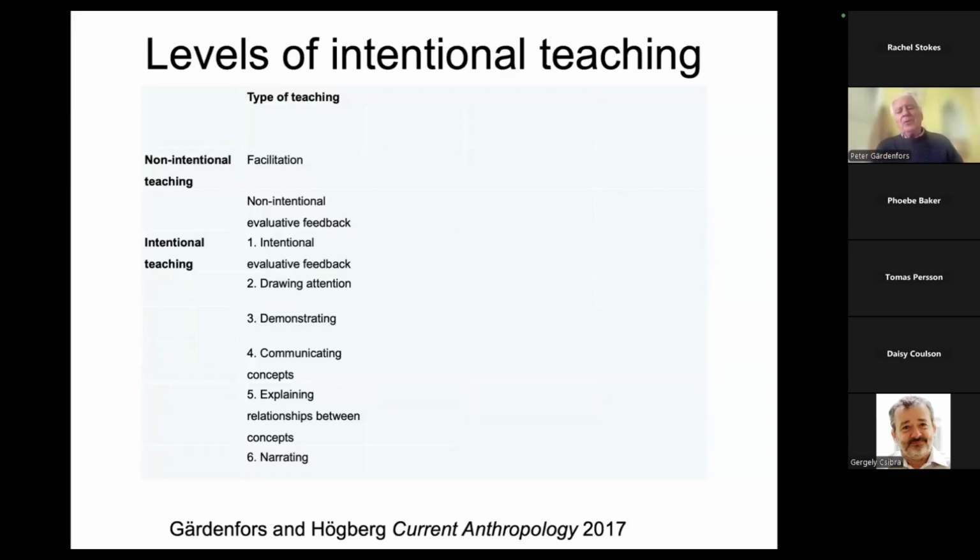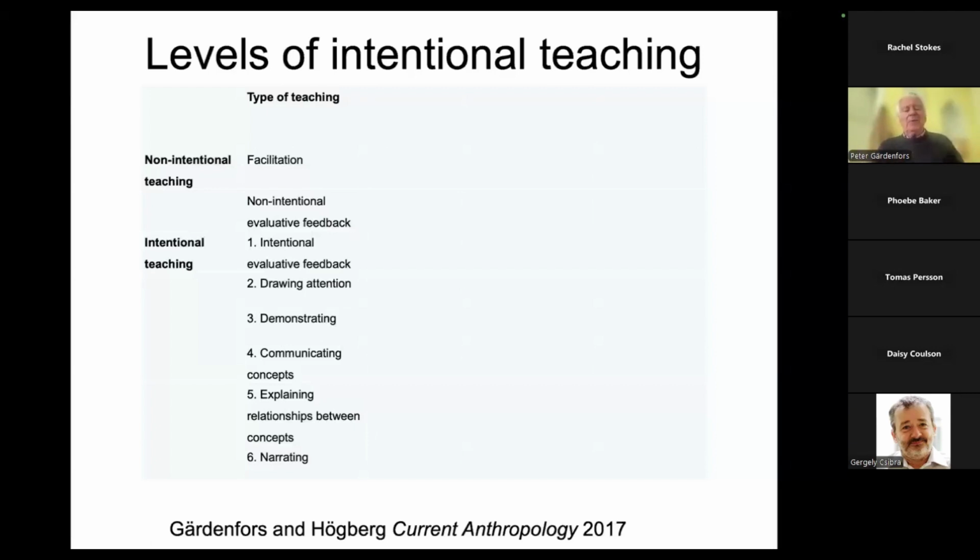But I'm going to focus on the later levels here. That is demonstrating and communicating concepts, mainly demonstrating, and then more advanced forms like explaining relationships between concepts and narrating. Then we are getting very close to using language. So I'm talking about this mid stage because it's there we see the transition.